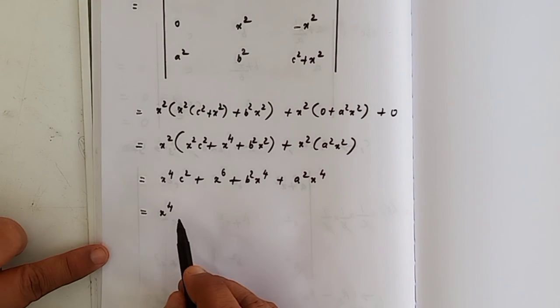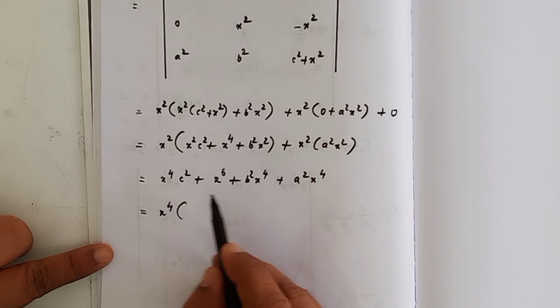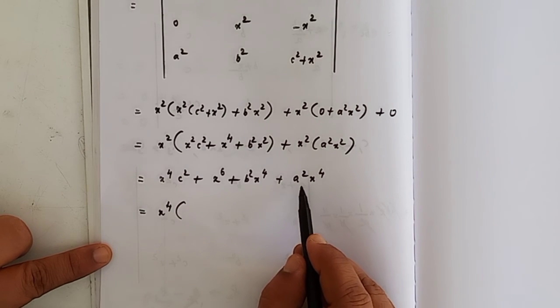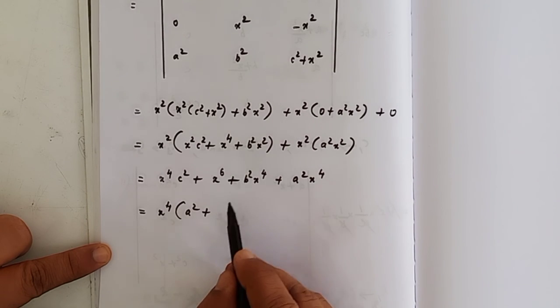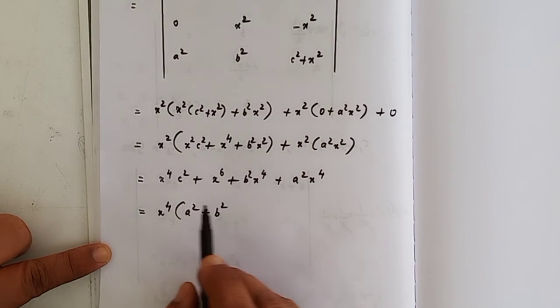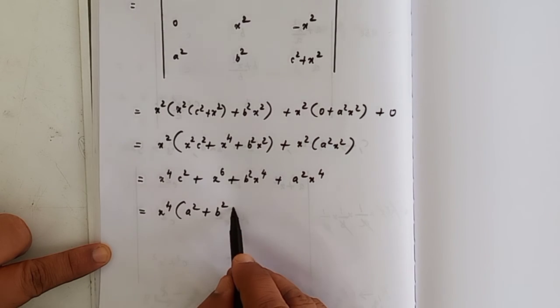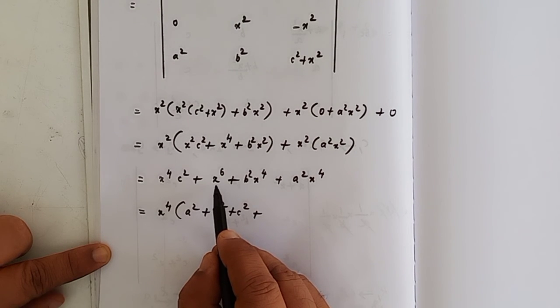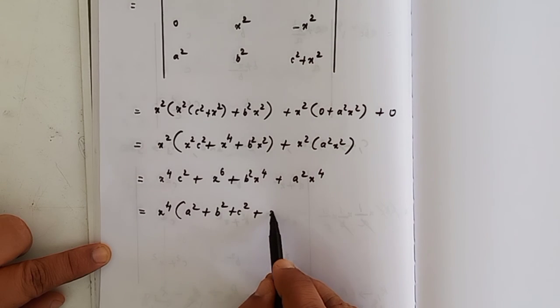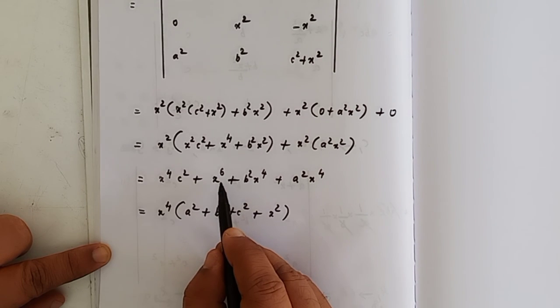If we take x power 4 as common, first write this term a squared, then b squared, then c squared, and finally x squared will be there, since x power 4 into x squared is x power 6.